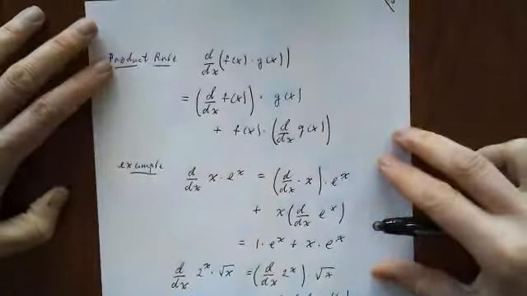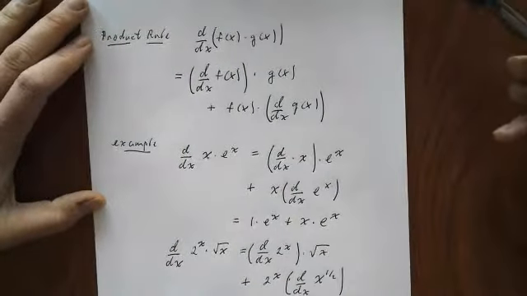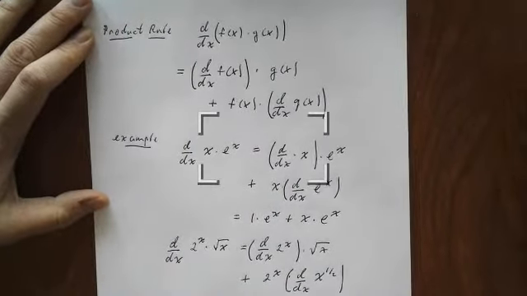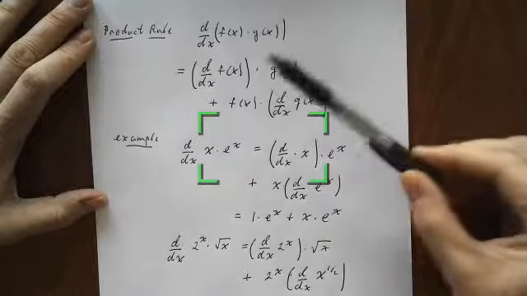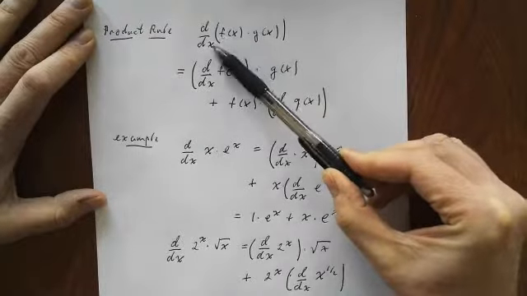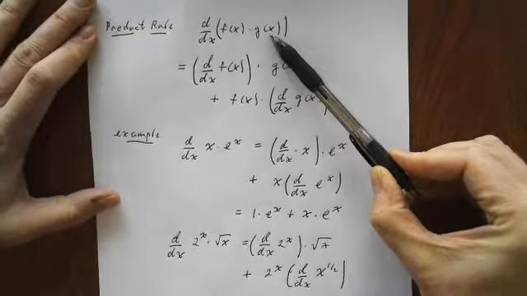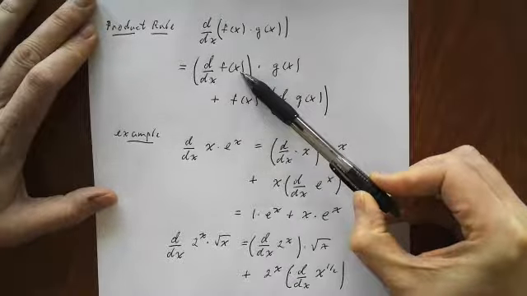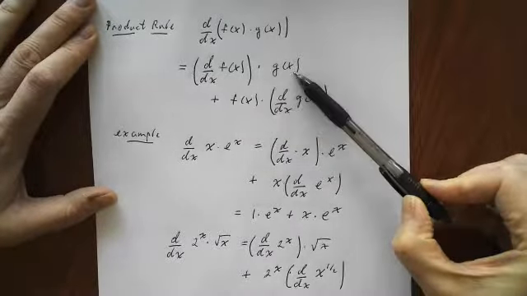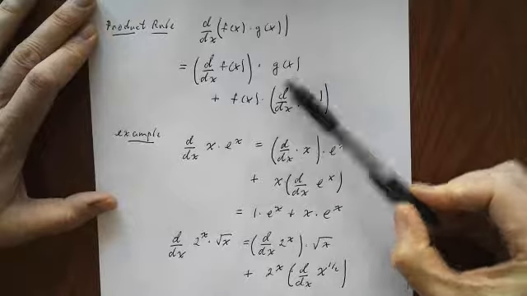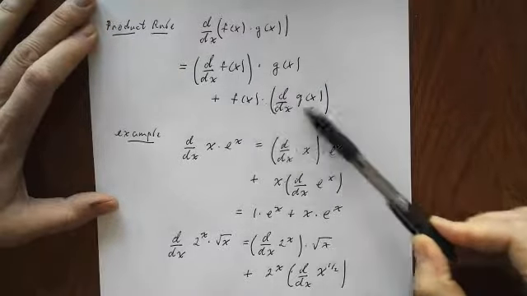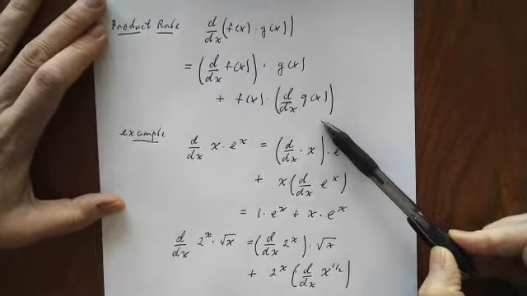And so we have two rules that help us in situations like this. We won't go through the formal proofs or all the reasoning, but one is called the product rule and the other is called the quotient rule. For the product rule, if we want to take the derivative of the product of two functions, we take the derivative of the first, multiply it by the second function, plus the first function times the derivative of the second function.